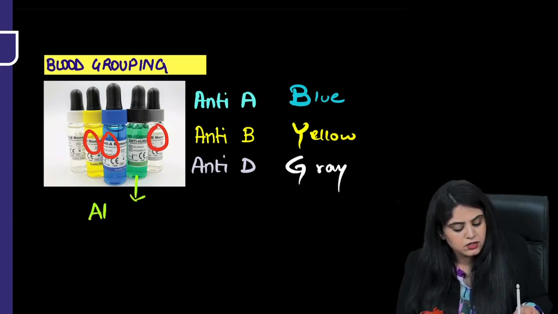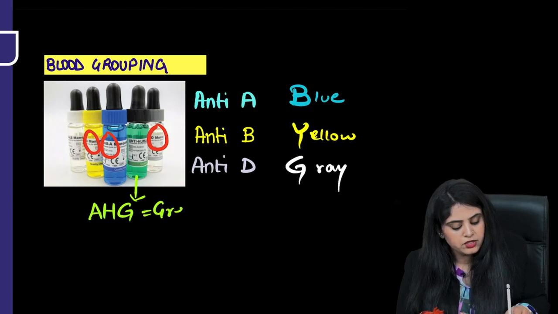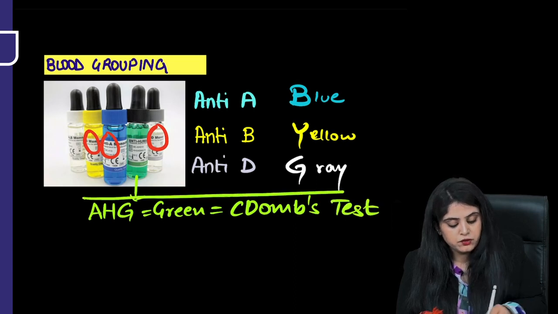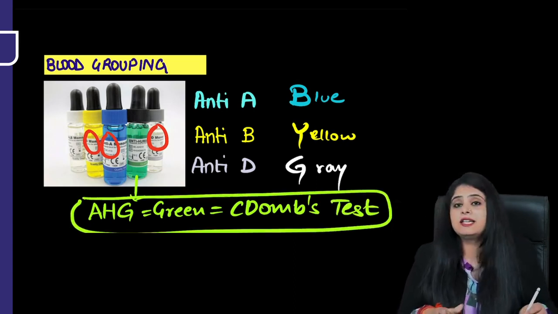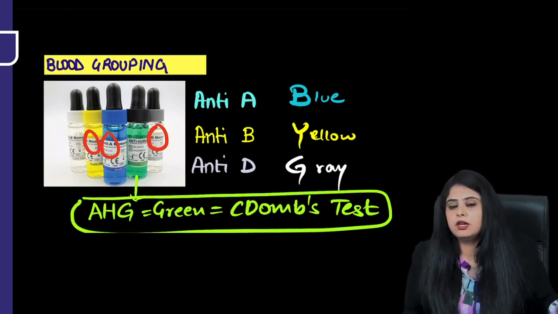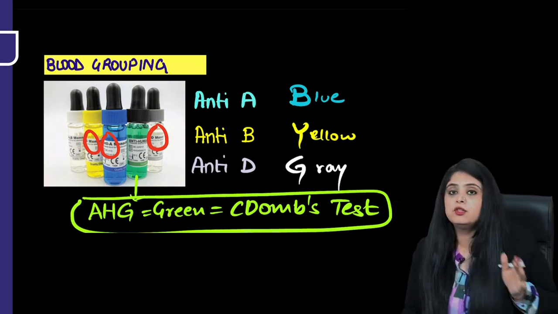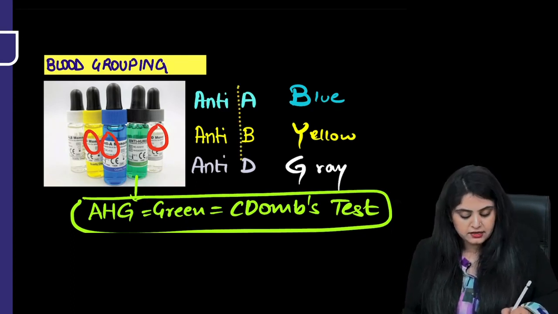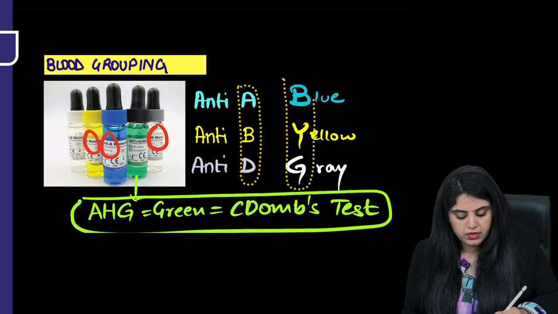What is this anti-human globulin? Anti-human globulin, which is green in color, is used in the very famous Coombs test. In the blood bank, if you ever have to do Coombs test, you will do it with the help of anti-human globulin that is green in color. But that will be used only sometimes. What I am talking about over here is the usual day-to-day usage, and that is going to be anti-A, B and D. That is A, B and D is BIG, blue, yellow and grey.